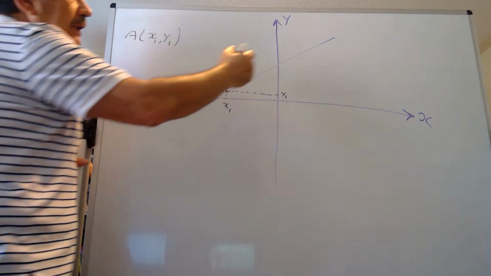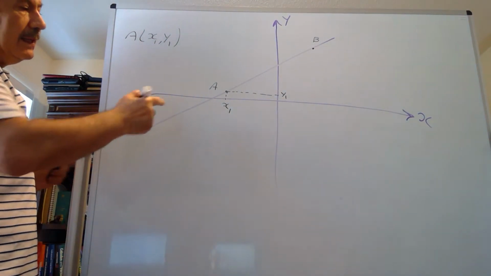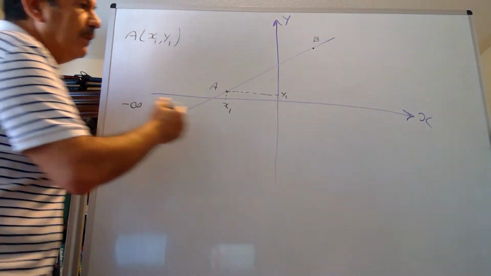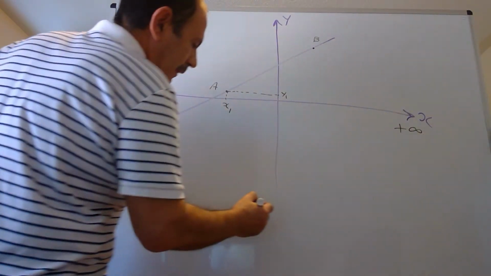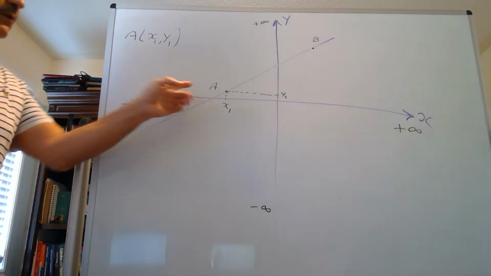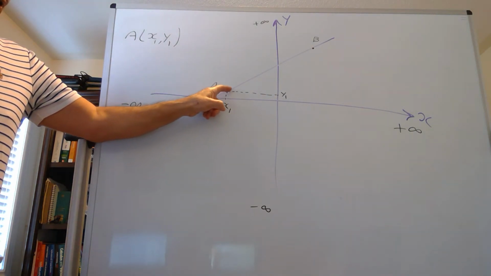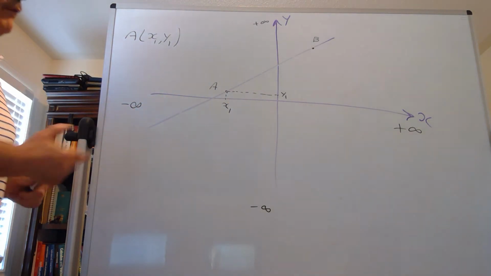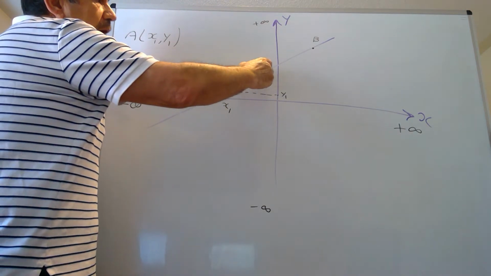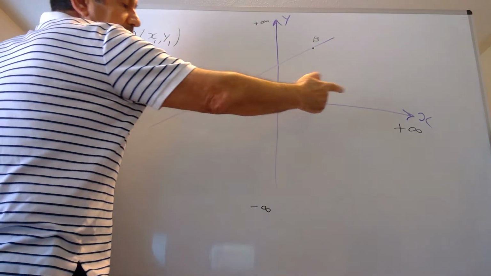When I'm moving from point A to point B, can you see that while I'm moving from left to right, from a smaller point to a bigger point, my height, my altitude, is getting bigger, and my x is also getting bigger.